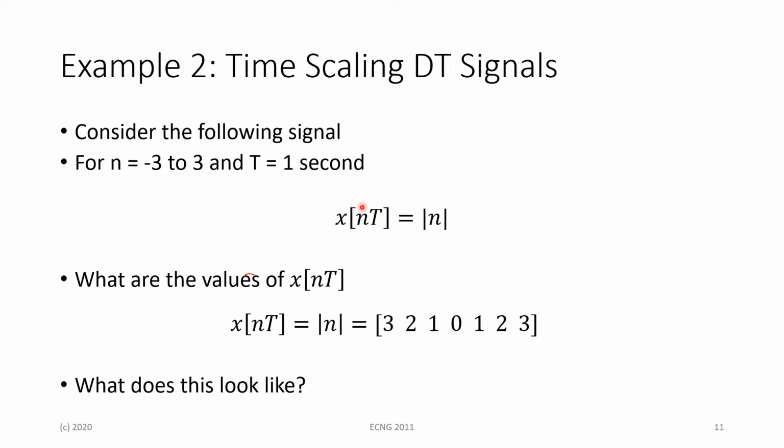We had x of -3. The modulus of -3 will give us a value of +3. And so forth, -2 will give us +2, -1 will give us +1, 0 will give us 0, 1 will give us 1, 2, and 3 accordingly. So this represents the magnitudes that we obtain from the actual equation of x of nt.